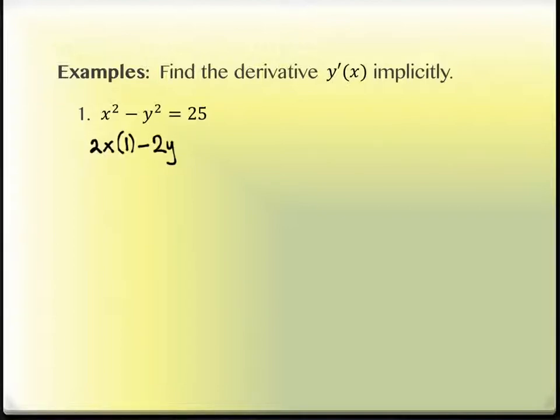Are you with me? If you're thinking about it kind of like a chain rule, the derivative of x is 1. The problem is that the derivative of y is not 1. Think about what happens when we have y equals and we take the derivative. I don't write down on the left-hand side 1 for y, right? What do I write down for y when I take the derivative? I write y prime.